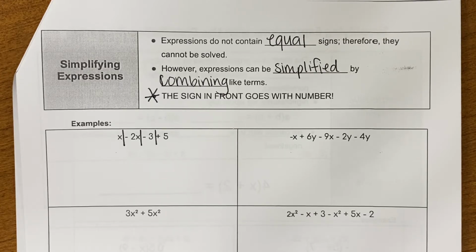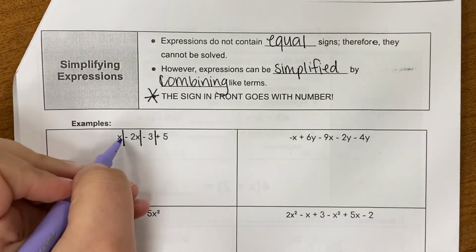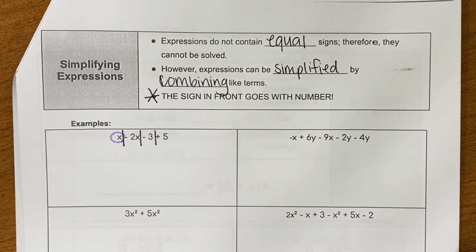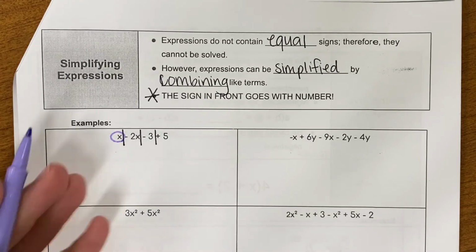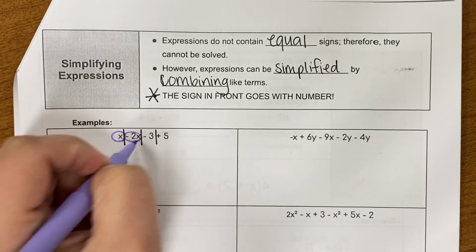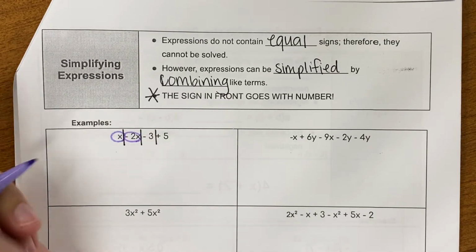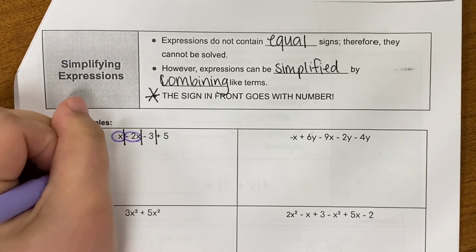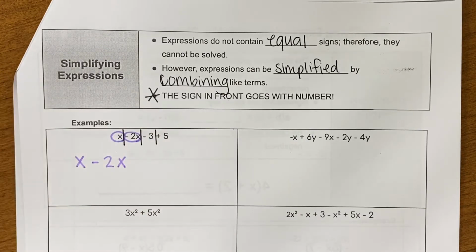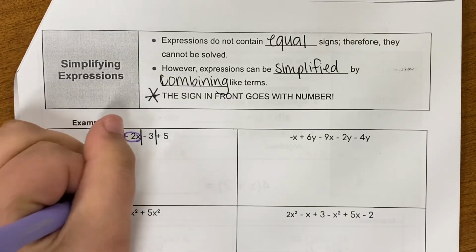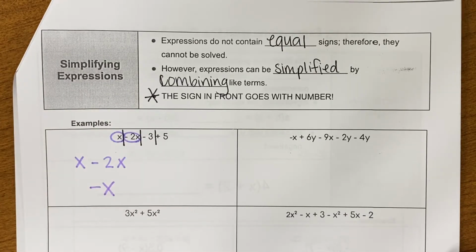Remember, like terms have to have the same variable and the same exponent. So look at my x's first. Do I have any other terms with an x inside of it? I do, this negative 2x. So I need to combine x minus 2x. If I have x and I'm taking away 2 x's, now I have negative 1x or negative x.